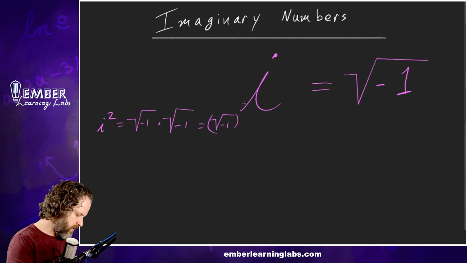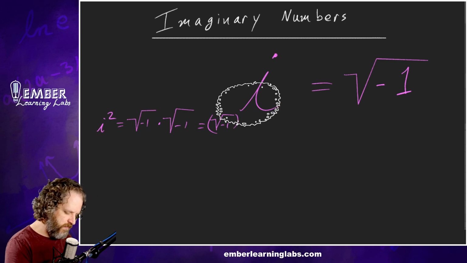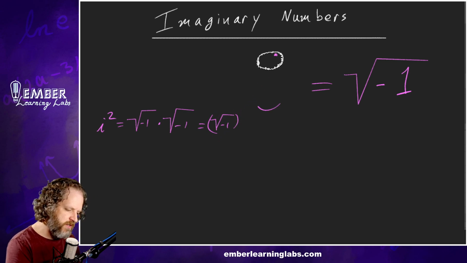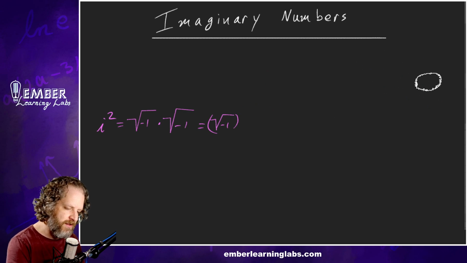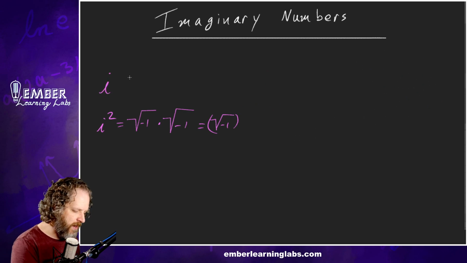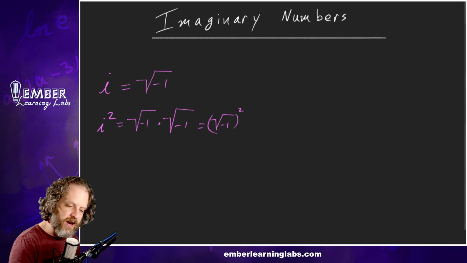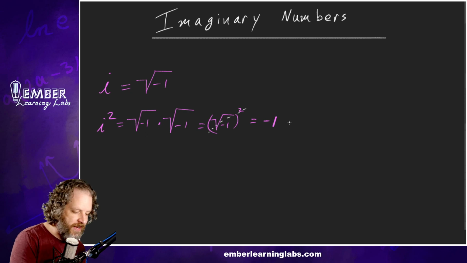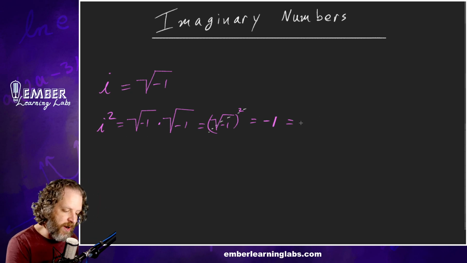So i squared would be the square root of -1 squared, and the square and square root cancel here, and so this turns into -1. I've kind of shot myself in the foot, so let me rewrite this over here.